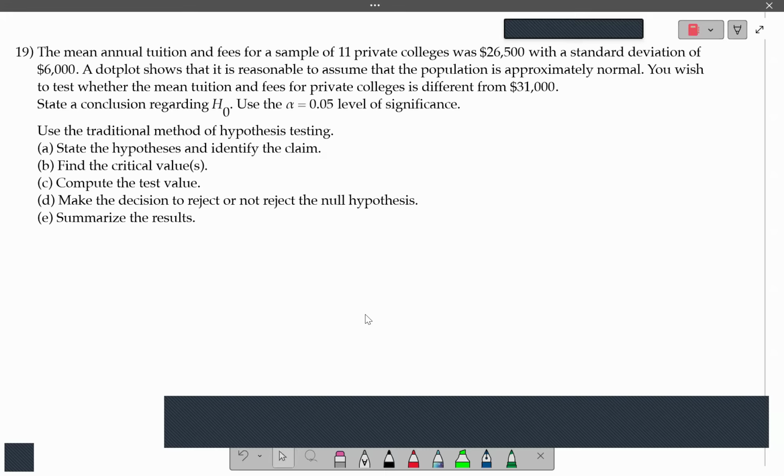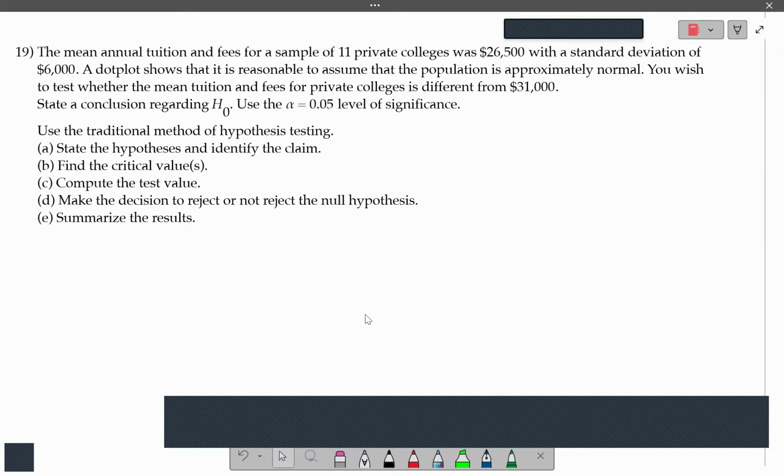So in this sense, do you have sigma, right? You're not identifying sigma. Yes, I have a standard deviation, but they never said the population standard deviation. Did they say population? So it's not. So you don't have the sigma.